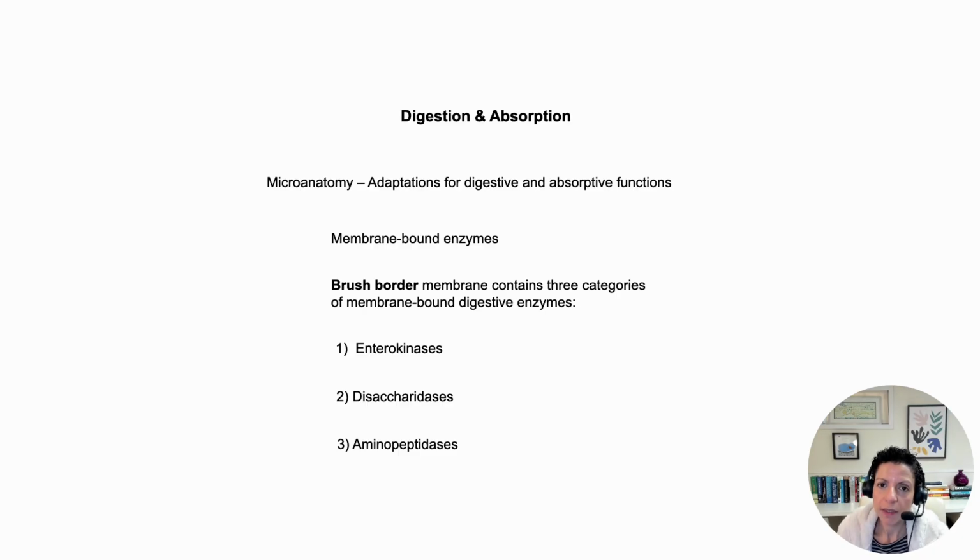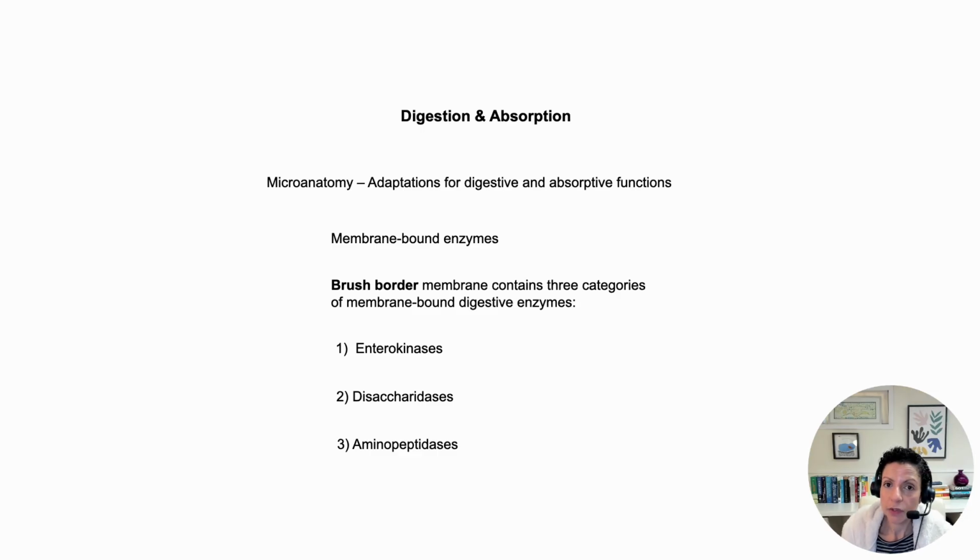We also see that the major thing happening in the small intestine is digestion and absorption, and everything about the small intestine is really adapted for maximal digestion and absorption. If we look at the microanatomy of that mucosal lining, we see many adaptations to maximize digestion and absorption. In terms of digestion, we have these membrane-bound enzymes.